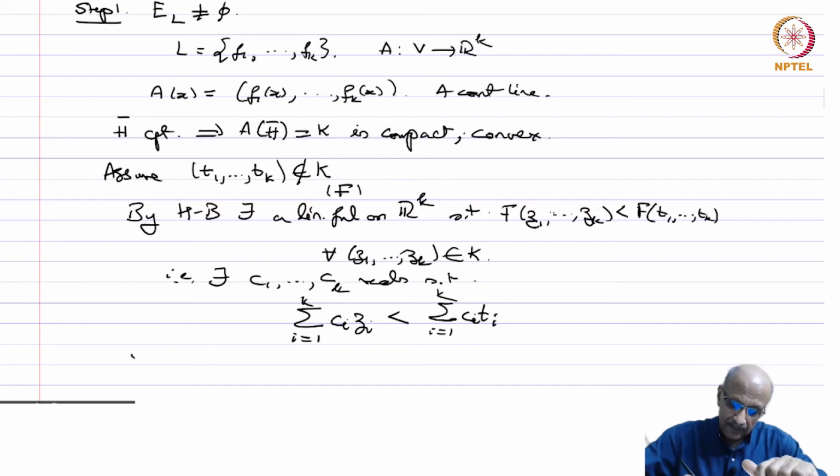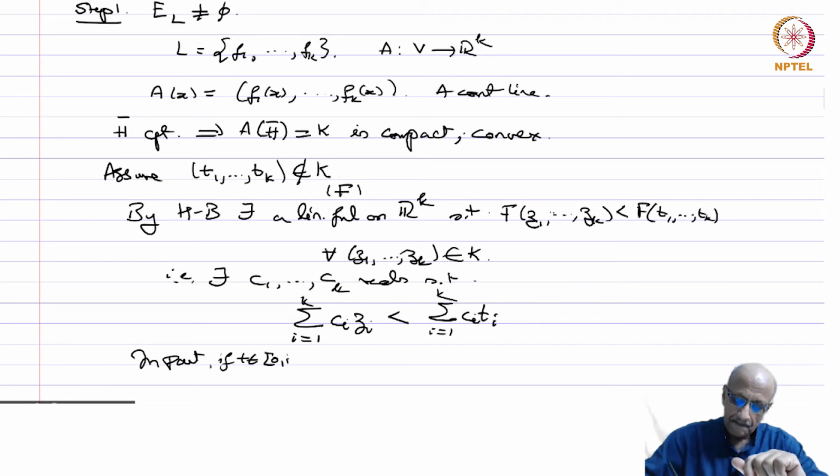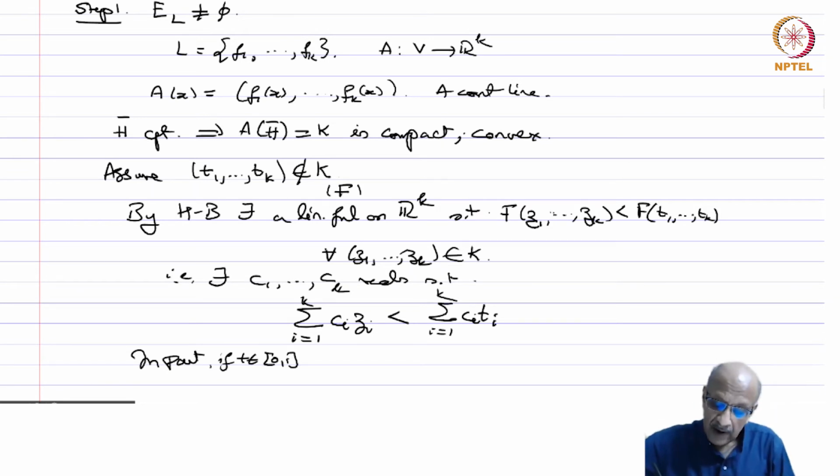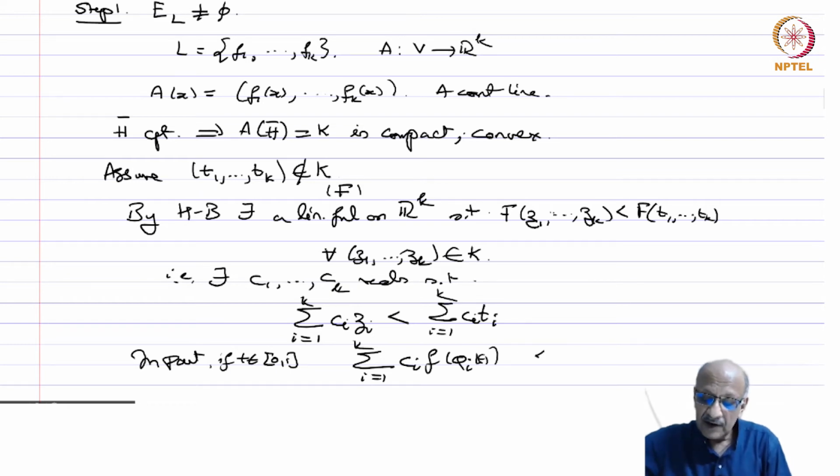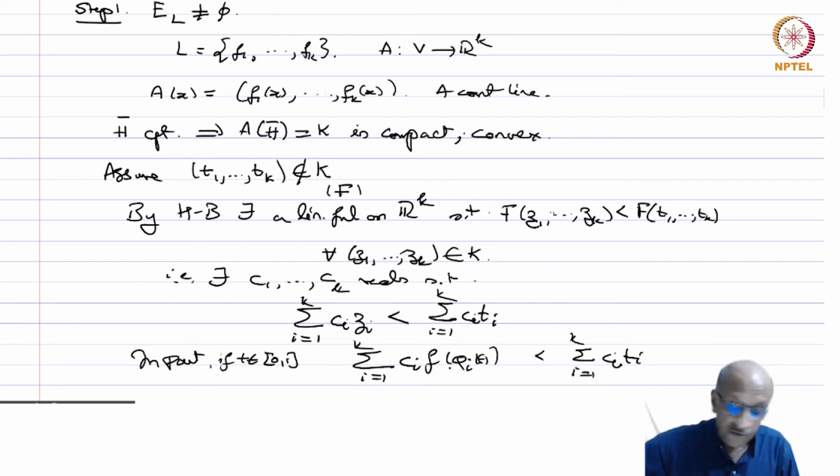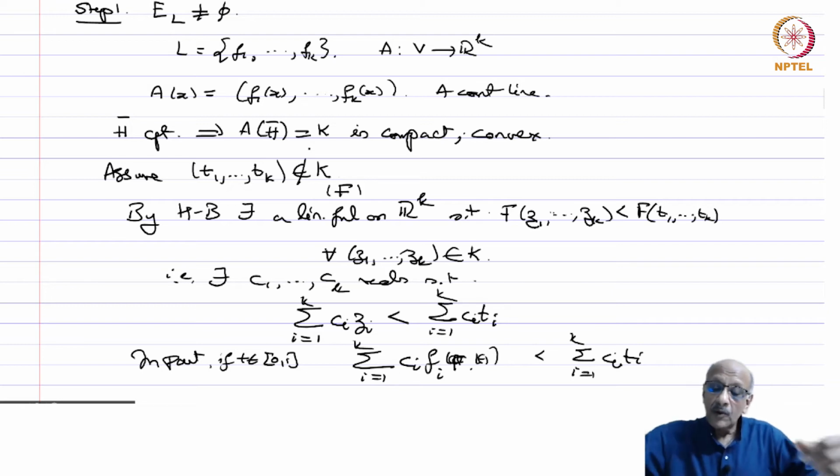And in particular, if t belongs to [0,1], you have the sum from i equals 1 to k of c_i f_i of phi of t is strictly less than the sum of c_i t_i, because phi is a single function, A is the mapping f_1, f_2, ..., f_k, and its image of H bar is K. So, therefore, this is true. So, now let us integrate this.